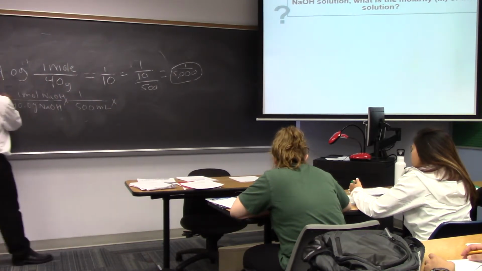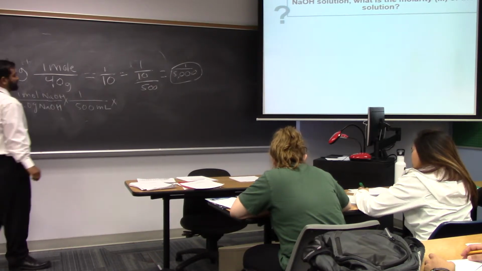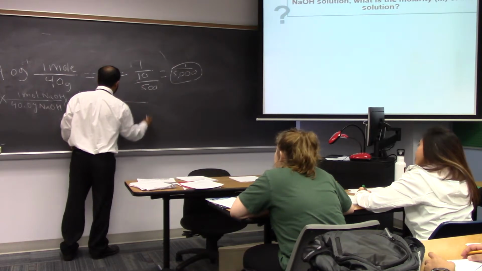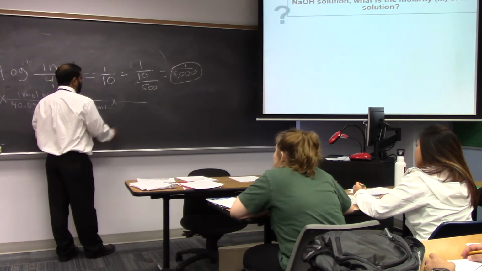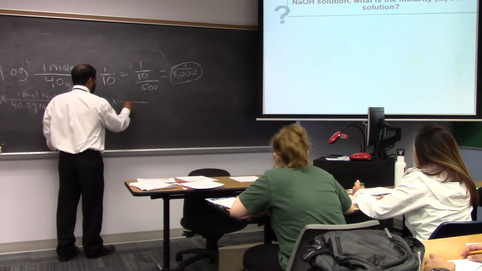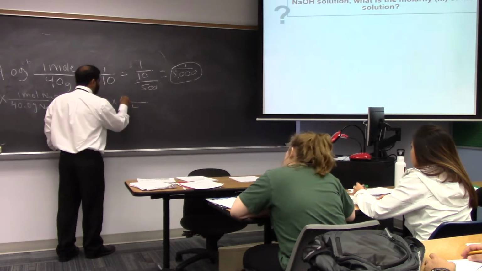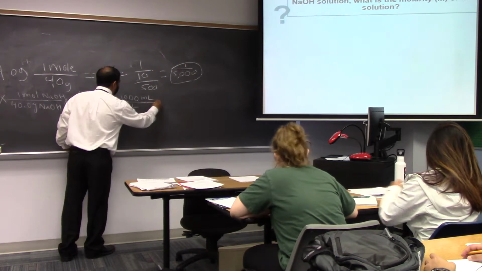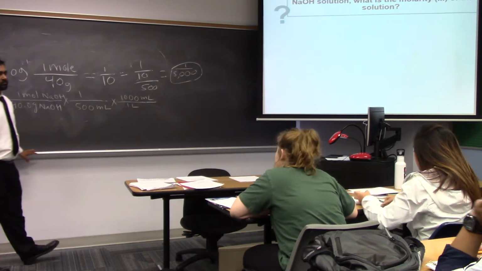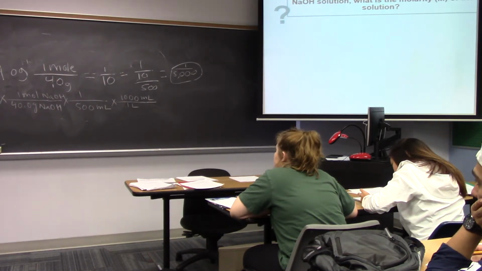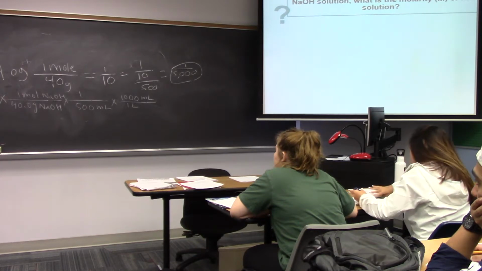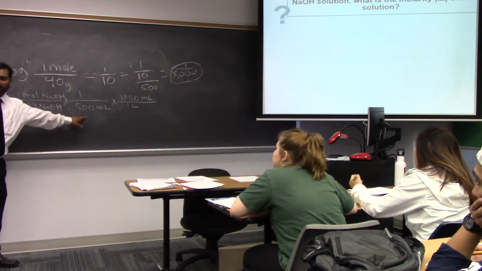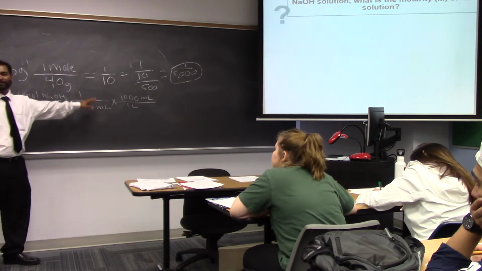So 1 liter equals 1000 milliliters. Look, I multiplied that, but I said that I'll divide it. So if you divide in here, it is actually multiplying.